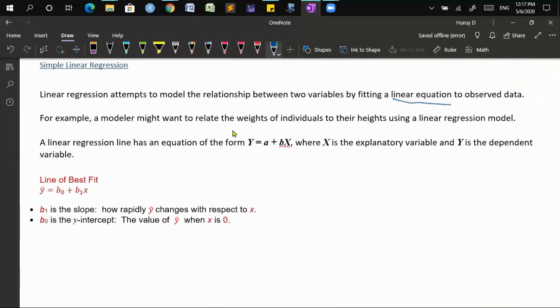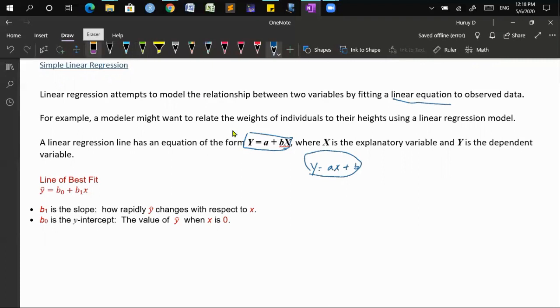Okay, so the linear regression line has an equation of the form this one. If you remember this from algebra, we would write it this way: y equals a plus bx, or ax plus b, something like this. So they are the same form, but we don't use this a and b in statistics.